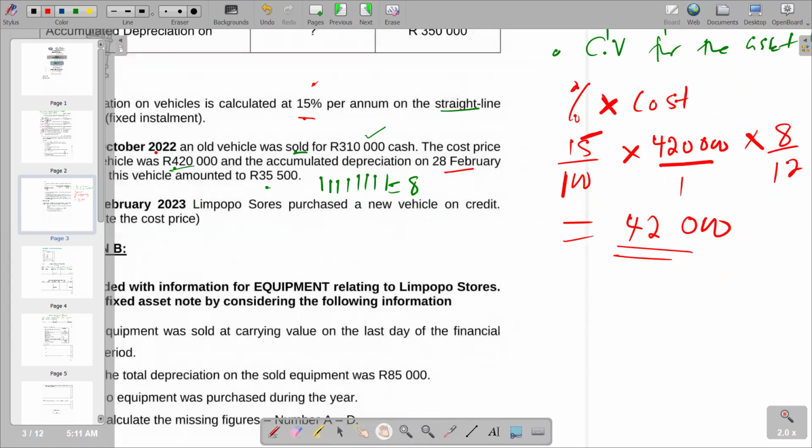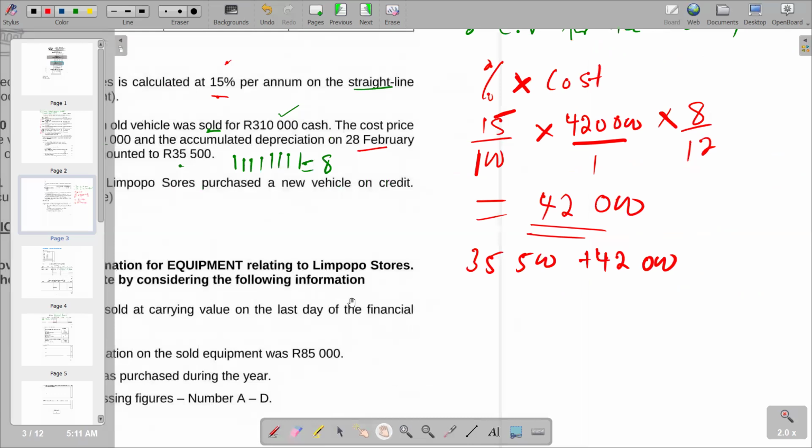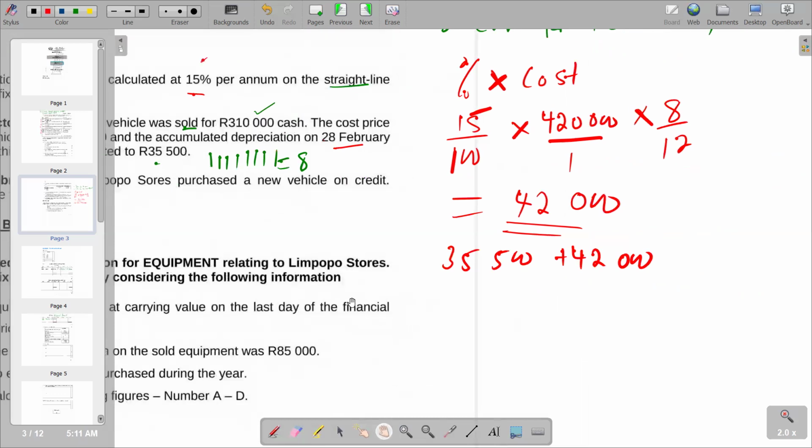So to get the total depreciation for that non-current asset from the day it was bought to the day it was disposed, you are now going to say 35,500 plus 42,000. You try to calculate it like that. Let's add the two.